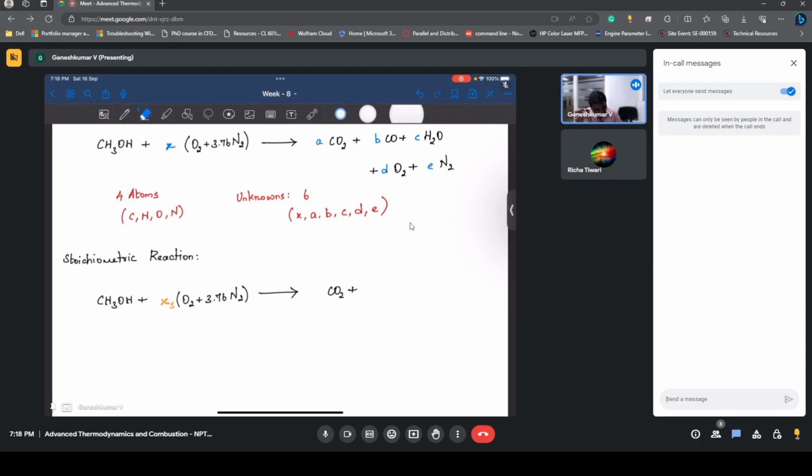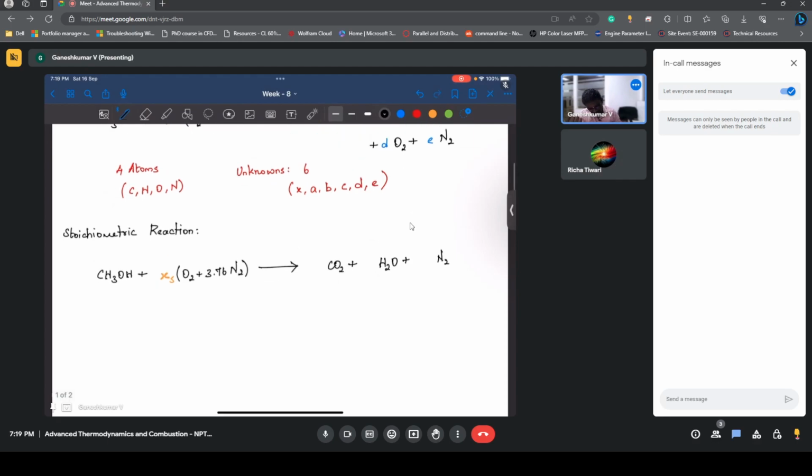The ideal combustion products are nothing but CO2, H2O, and since you have air here, you will have nitrogen also, and this nitrogen will not react in this ideal combustion. If that is the case, this can be easily solved, right? You write it as A, B, and C. Now you have four atom balances and four unknowns, so this can be easily solved.